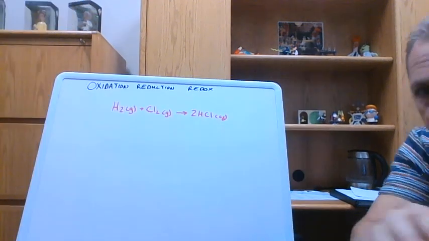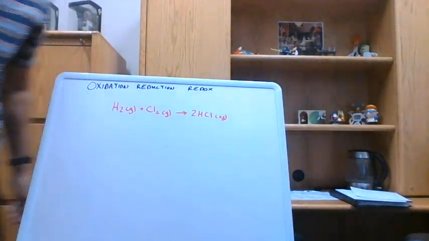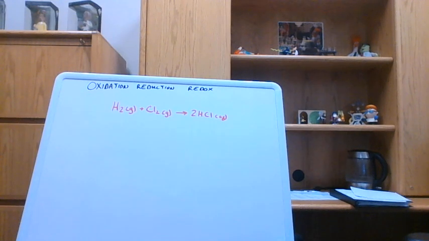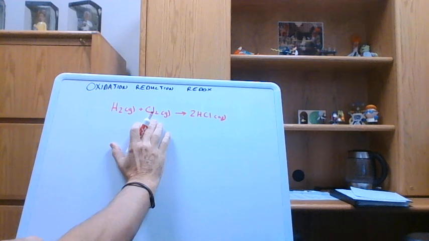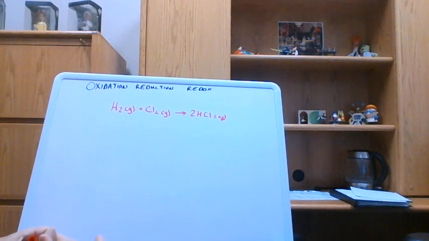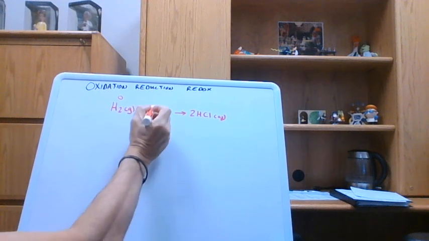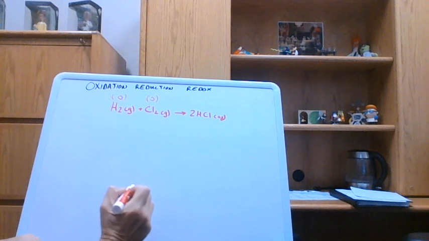All right, I think we have time for one more oxidation reduction before we reach our 15-minute time limit on YouTube. So let's look what happens when we take hydrogen gas, add it to chlorine gas, and form hydrochloric acid. So hydrogen is elemental, 0 oxidation number. Chlorine is elemental, 0 oxidation number.